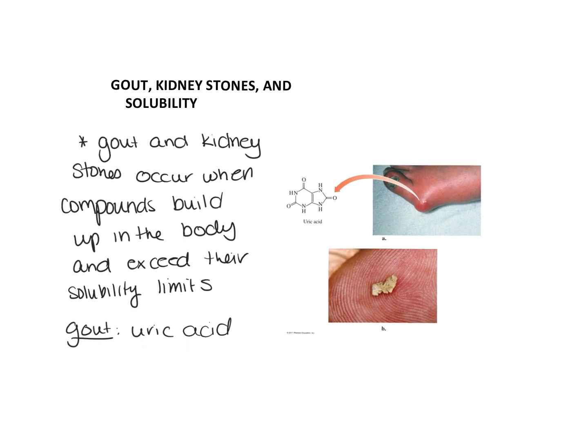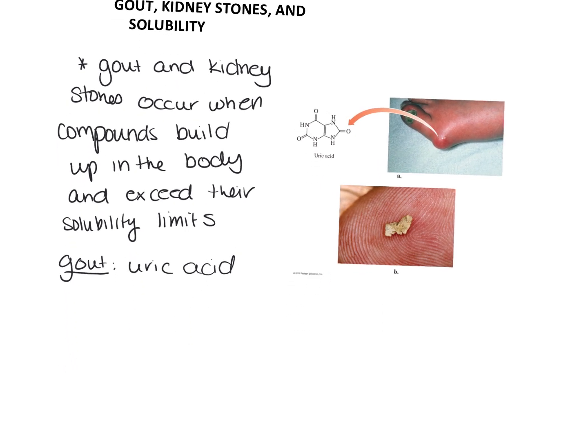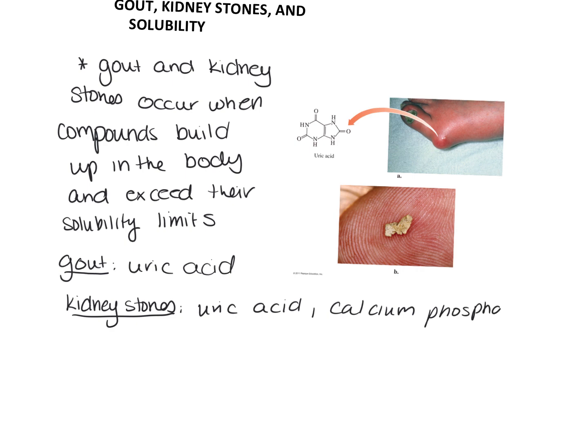Now with kidney stones, this can be uric acid again, but it can also be calcium phosphate, which is an ionic complex, and or calcium oxalate.